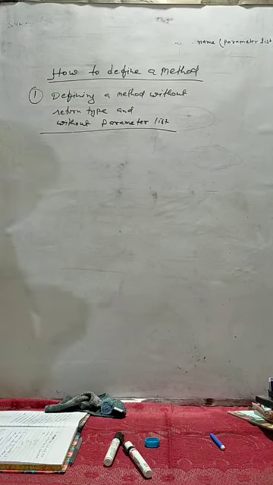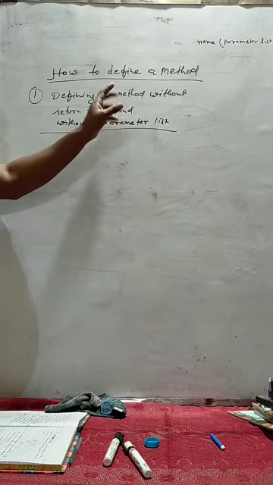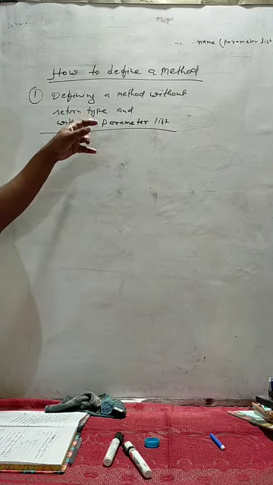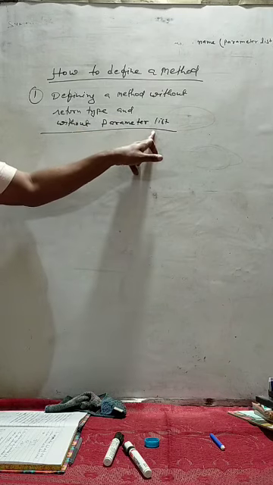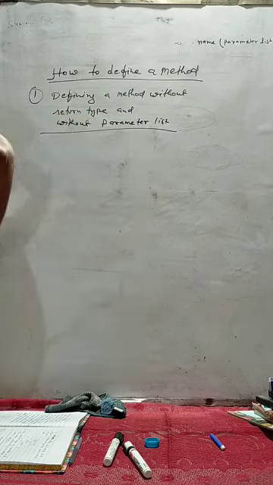Means the function which we are going to define will not return any value, and as we are not giving any value also, there is no parameter and therefore no return type.